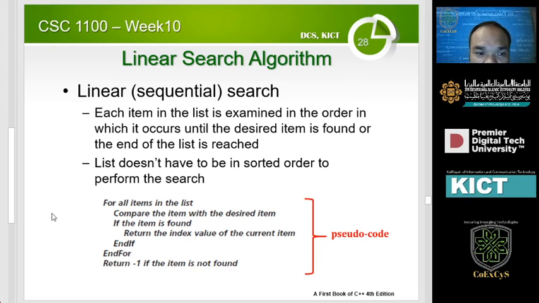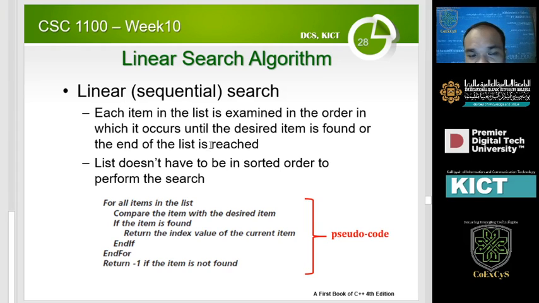So there's a couple of searching algorithms. One is the linear search algorithm. In a linear search algorithm, basically we sequentially go from one value to the next to see if that's the item that we want, right.